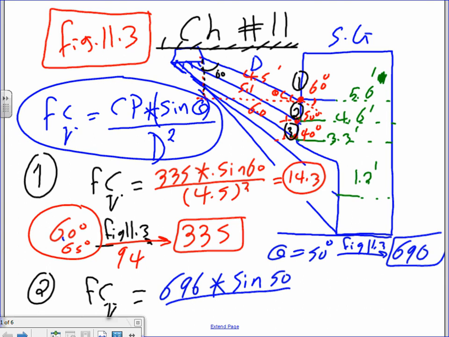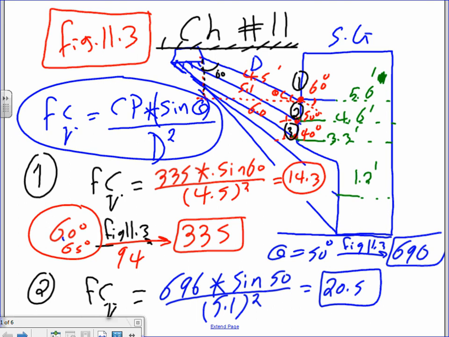The distance for the 50 is 5.1, so 5.1 squared, or power 2. And that will give me 20.5 foot candle at point 2. Any questions? Does it make sense? At point 2 it is 20.5, at point 1 it is 14.3.